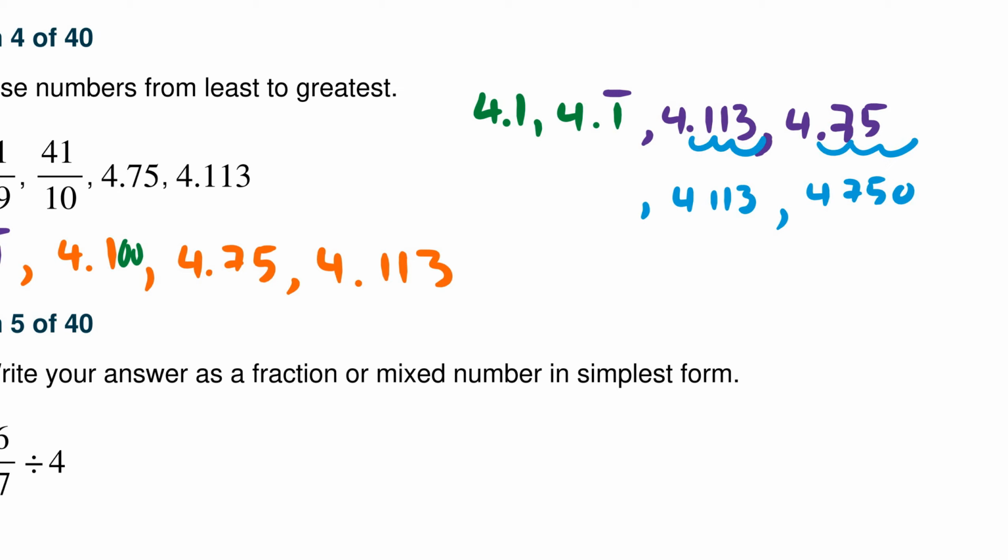And 4.1 with a bar means 4.11111, which turns into 4,111. And the last one, if I move the decimal point 3 times, I can fill in the 0. That will be 4,100. So this is the way that I check my answers to make sure everything is correct.